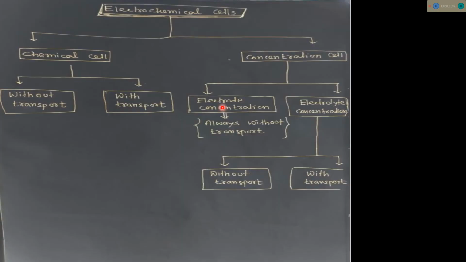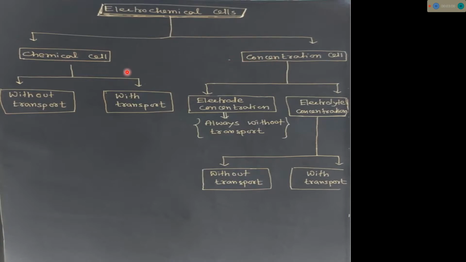Before discussing the main answer, many of you already know that there are two types of electrochemical cell. We can write like this: one is chemical cell and the other is concentration cell.